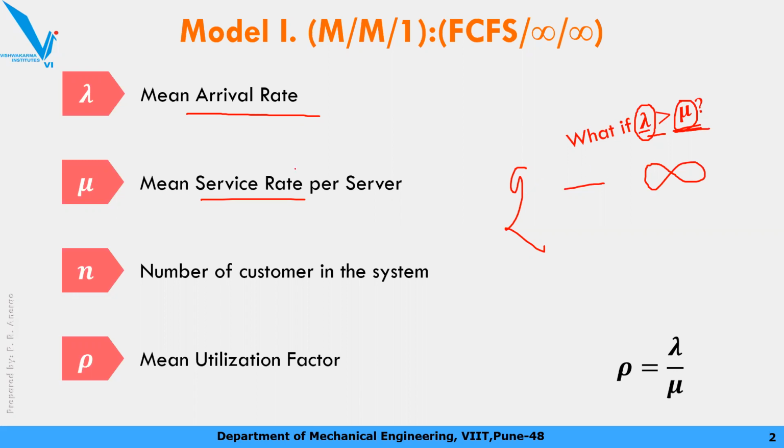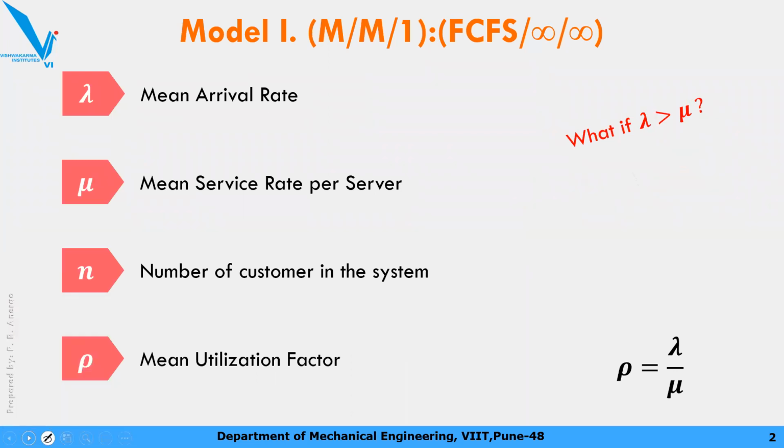Okay. Second thing, what if lambda is equal to mu? So the arrival rate is exactly equal to service rate. So that means there is no queue formation. There will not be a queue formation in this case.